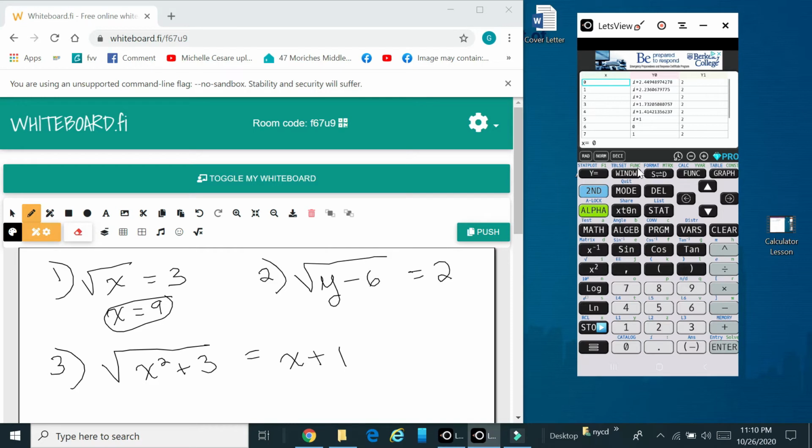Okay, so now we have to figure out where y is equal to 2. I'm going to scroll down, keep scrolling. You remember, you look for these two numbers to be the same. I see 2, 2, 2, 2 all the way down.